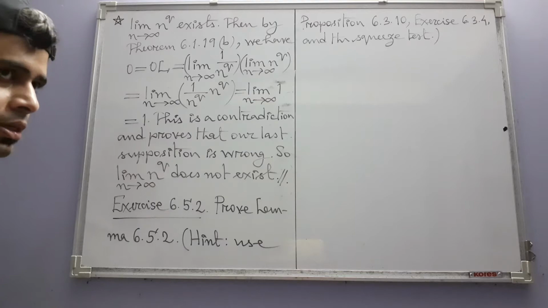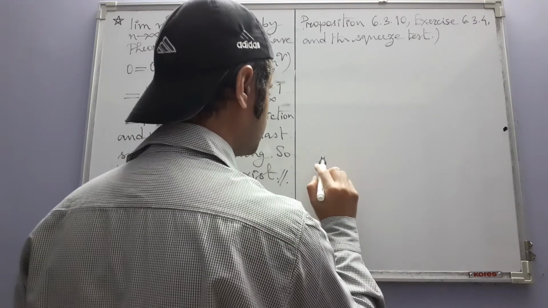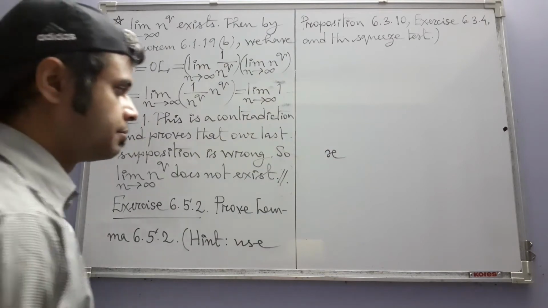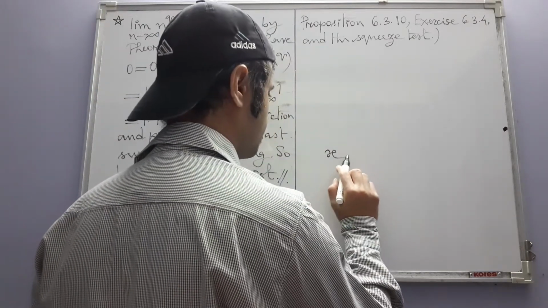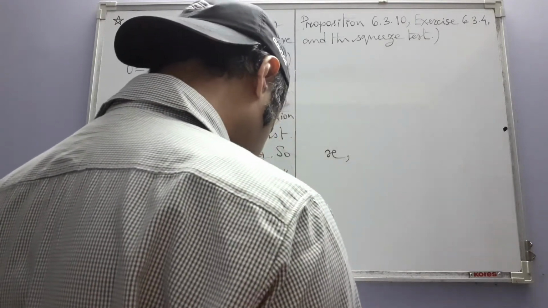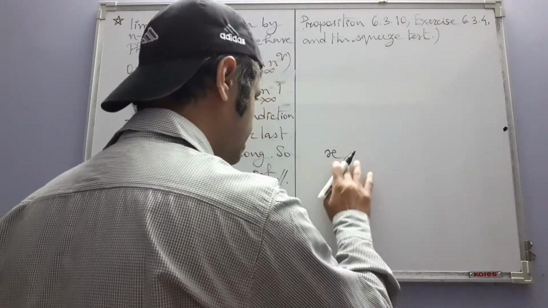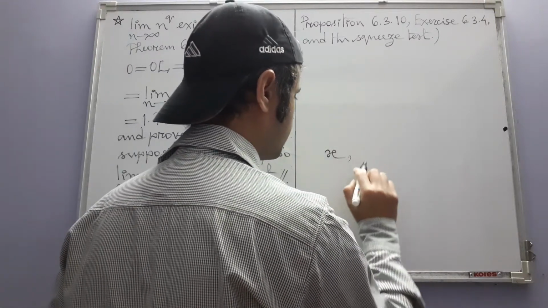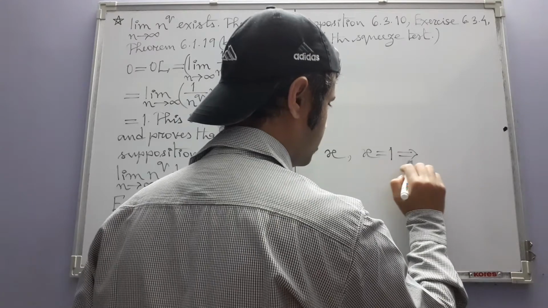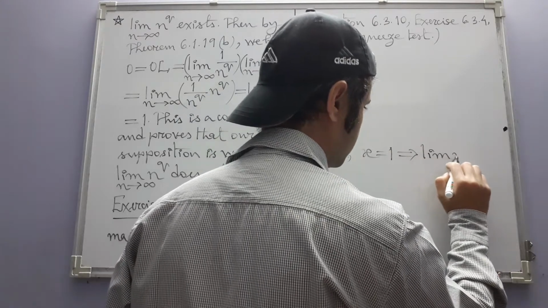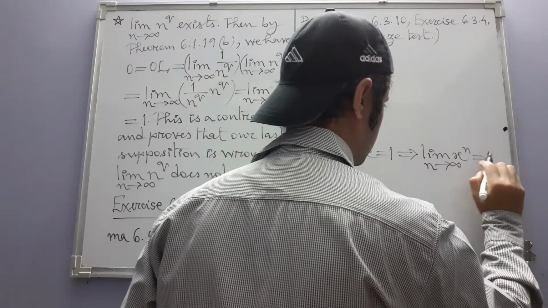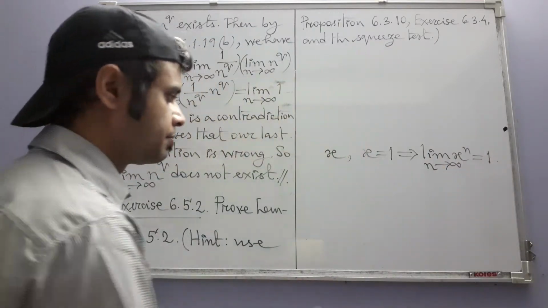Okay, so lemma 6.5.2 means it's that thing. X is a real number. Now X is any real number. If X is equal to 1, then this limit is 1.